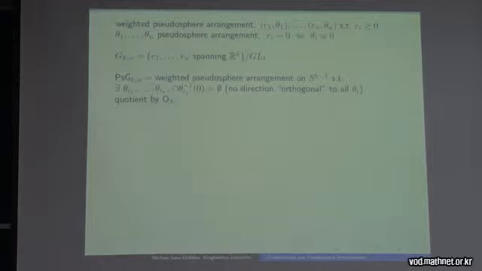And one way that you can tell vectors span R to the k is you can pick out a basis, and there will be no direction that's orthogonal to the basis that you picked out. The information that I have from pseudospheres is something like whether something is pointing toward a vector or away from a vector or orthogonal. So I should be able to pick out k elements from my pseudosphere arrangement that form a basis. And the way I test for that is there's no direction which is orthogonal to those k elements.